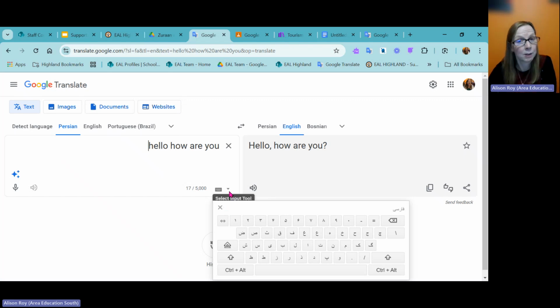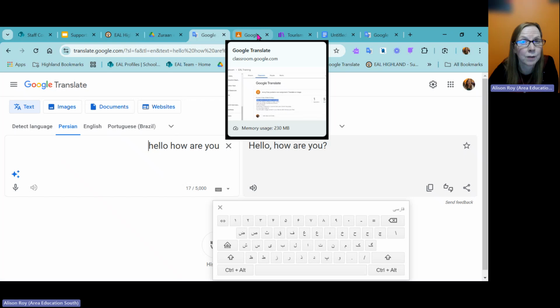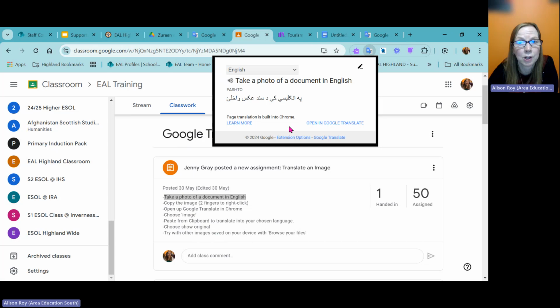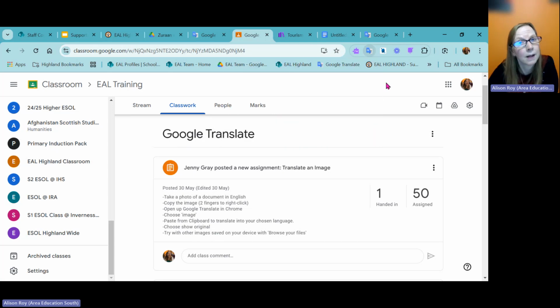Think about some of the students you have and use some of their languages. And then go on to any website or a classroom and see if you can set your Google Translate extension to a language using extension options and try it out there.